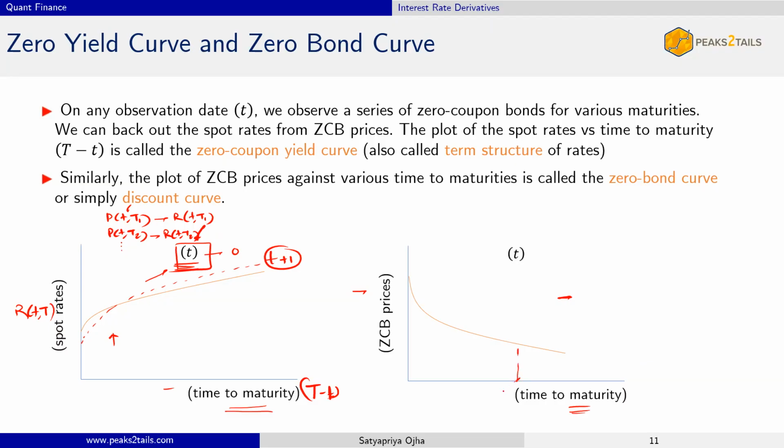So it's always a decreasing function of time to maturity. Okay, so what I'm saying is P(t,T1) would be greater than P(t,T2) if T2 is greater than T1.